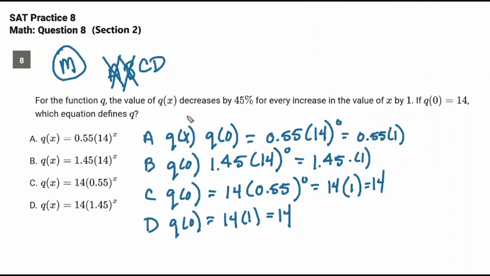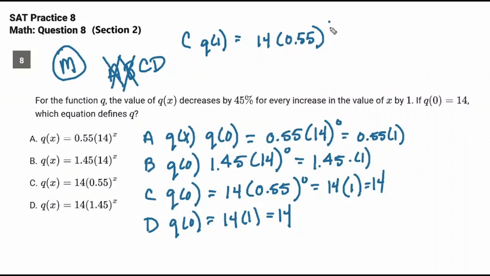It says q of x decreases by 45% when I increase x by 1. Well, q of 0, what do you think increasing x by 1 is? I'm going to do q of 1. And I'm just going to repeat it for C. So what is it? 14 times 0.55 to the what?